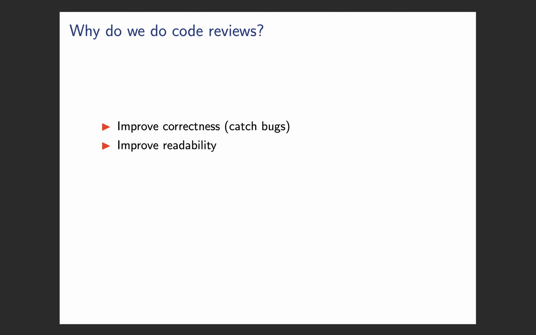As the author, you understand your function names because you wrote them, so you might not care if they're not obvious or if they're generic, whereas another person coming in will pretty quickly identify that. Of course, you want to improve the design. Maybe this works, maybe it's even readable, but the way it's organized will cause problems in the future. So by doing code reviews, hopefully you'll find ways to improve the design.